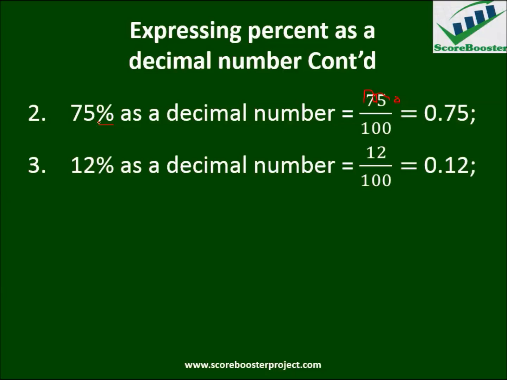So 75% as a decimal number is simply 0.75. Also, the third example, 12% as a decimal number is simply 12 over 100. So when you move the decimal point 2 places to the left, 1, 2, you have 0.12.